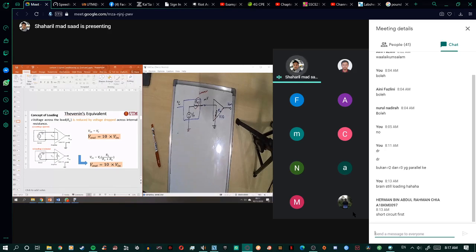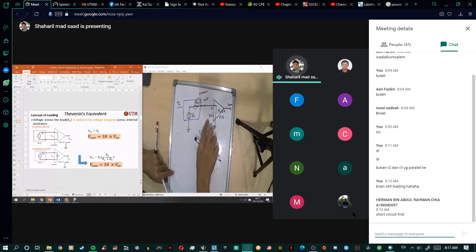So there are two cases. When you ignore the loading, that means the resistance here is equal to 0, almost equal to 0, like you can make it a short circuit. So from here, this one is the V in. So V in equal to Vx.